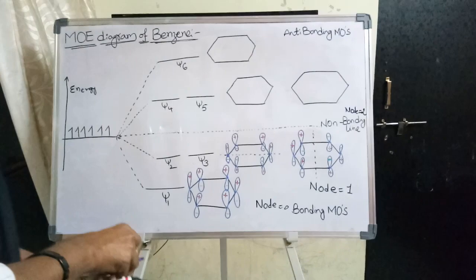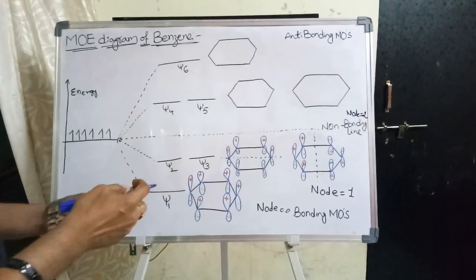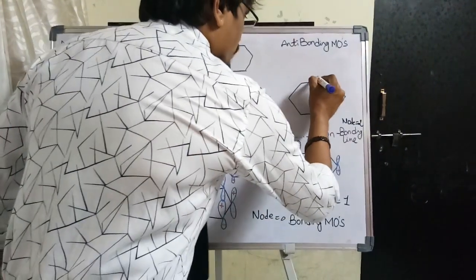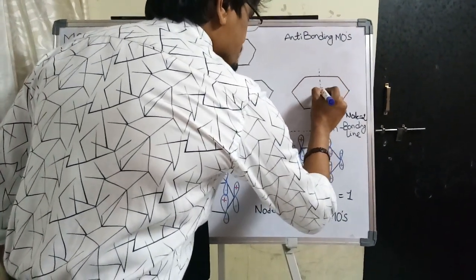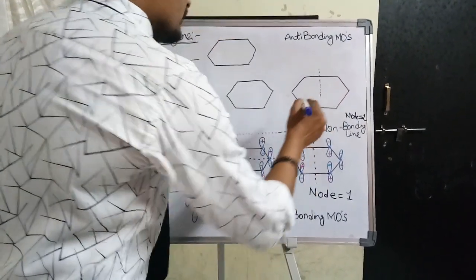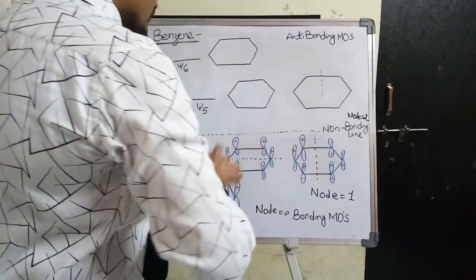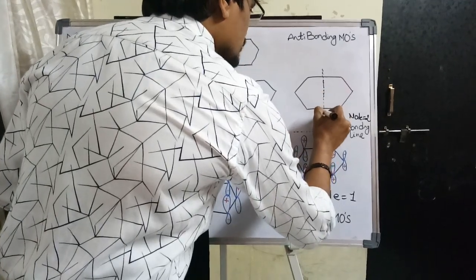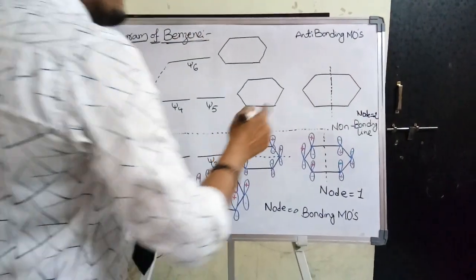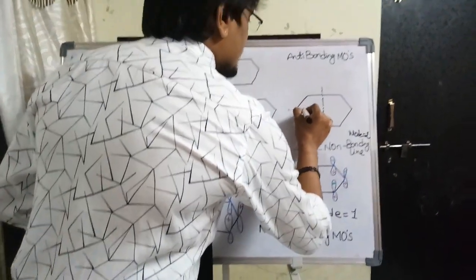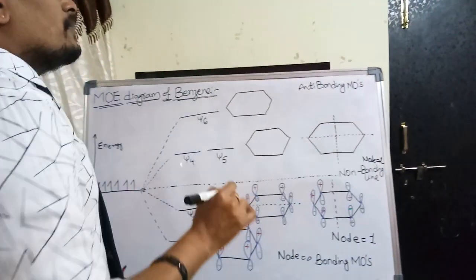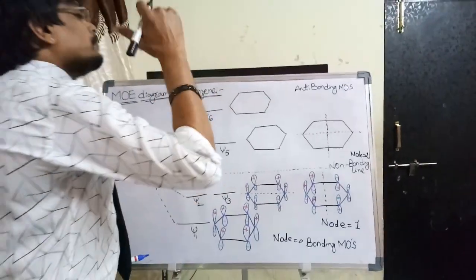Right? So now, possible nodes. This is one of the possible nodes, and this is the second possible node. These are the possible nodes only, and do remember that these nodes have not been fixed.